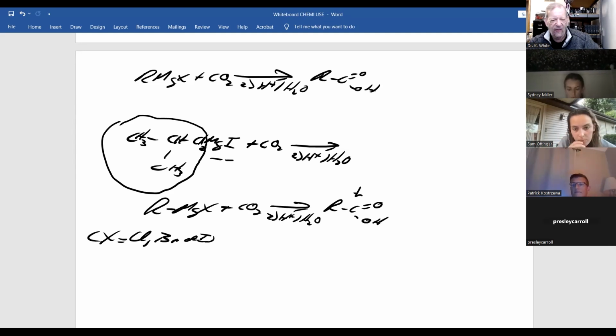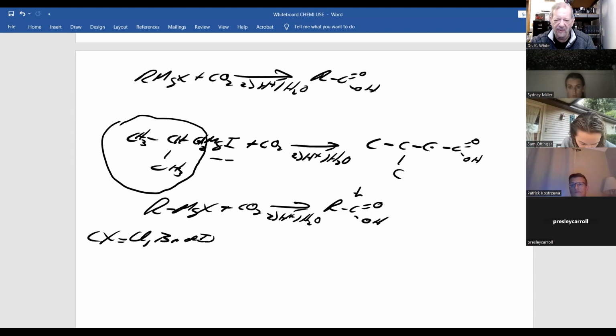No. So I have three carbons like this, plus my methyl group. Which carbon had the Grignard? The end one, that's the one that's going to be attached to this carbonyl. And there's 4 bonds to carbon, so I can put in my hydrogens at warp speed. And there's you do it.